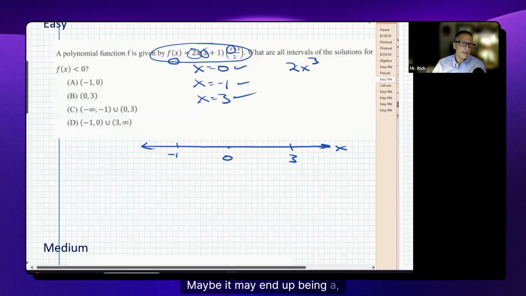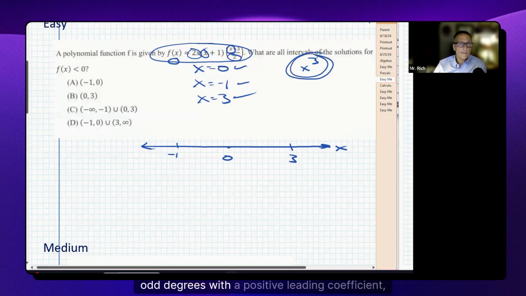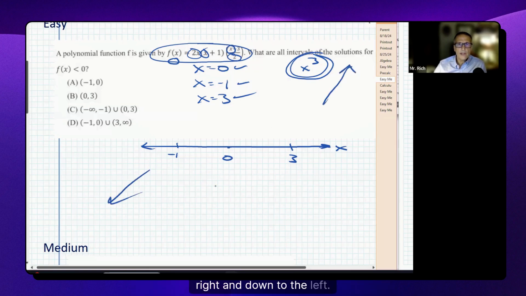Maybe it ends up being a 1x to the third because of the divide by 2 here. But the point is, it's a positive leading coefficient with an odd degree. That tells me that functions that have odd degrees with a positive leading coefficient have end behavior that is up to the right and down to the left.